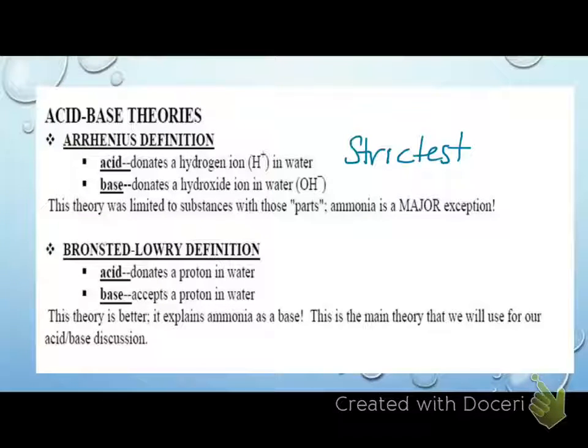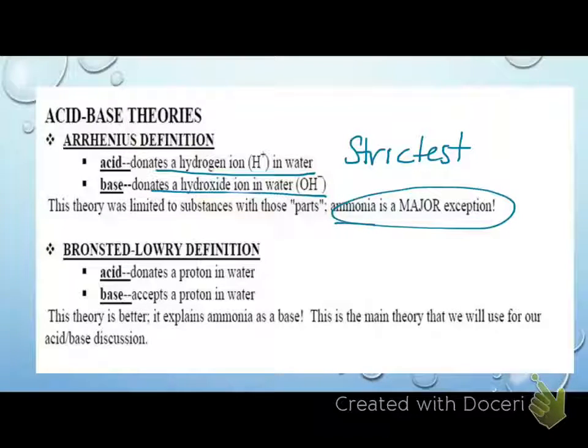Their definition of an acid is that it donates a hydrogen in water, and their definition of a base is that it donates a hydroxide. Ammonia is a major exception, because ammonia actually doesn't have OH in it, and so this is one of the strictest definitions. We don't use it a lot, other than to know that the acid donates the proton and the base donates the hydroxide.